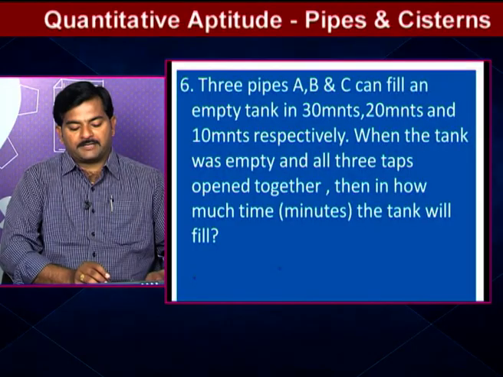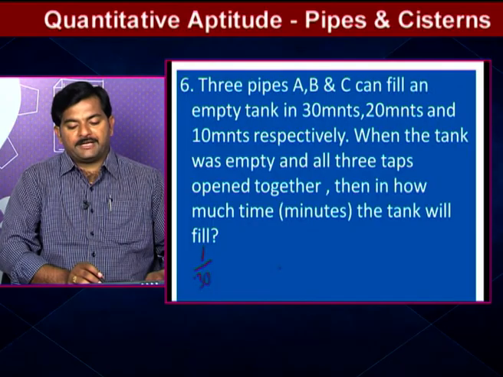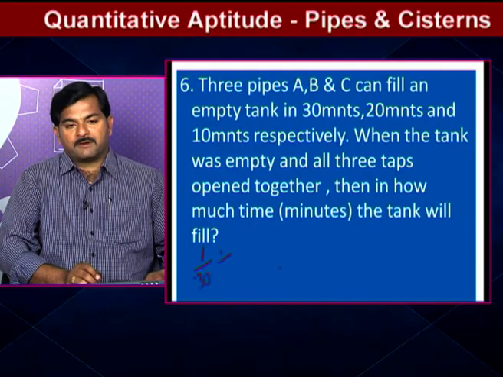So pipe A's 1 minute work is 1/30. Similarly, pipe B's 1 minute work is 1/20. Pipe C's 1 minute work is 1/10. Here, are they working all together? Yes, that is one thing. And secondly, is any pipe emptying or are all the pipes filling? No, all the pipes are filling. That's why type 1: pipe A 1 minute work is 1/30, and pipe B 1 minute work is 1/20.